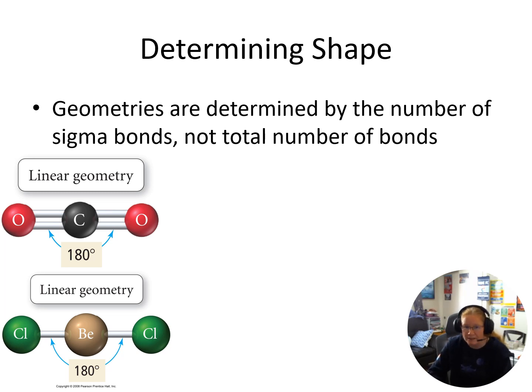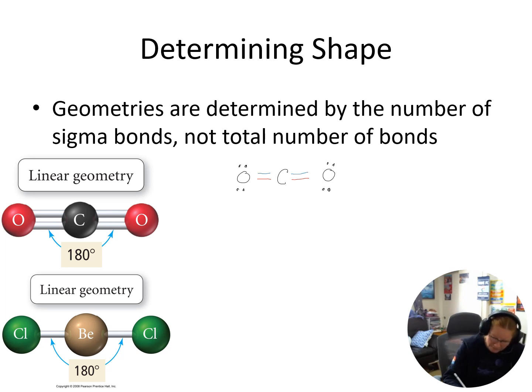And so when I look at something like carbon dioxide or this beryllium dichloride, both of them are linear geometry. So if I look at my carbon dioxide, and I'll use the color coding that I did a little bit ago. Okay, so I have my carbon and my oxygens, and I know I have lone pairs on my oxygens. Okay, I have one sigma bond from carbon out to each oxygen and one pi bond. Okay, when I look at my beryllium dichloride, okay, we've got our lone pairs on here.